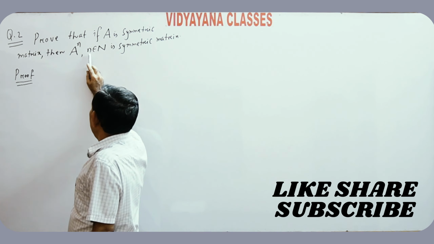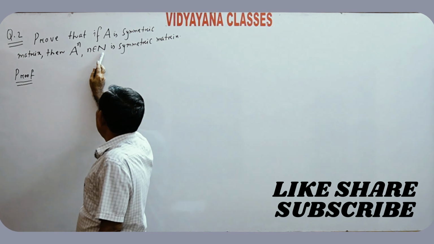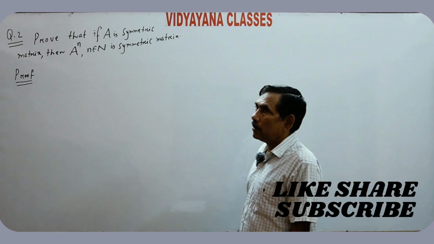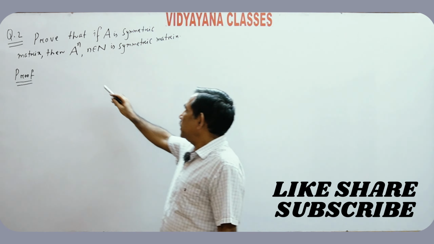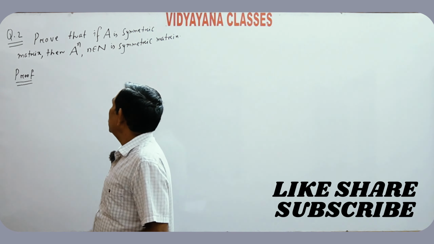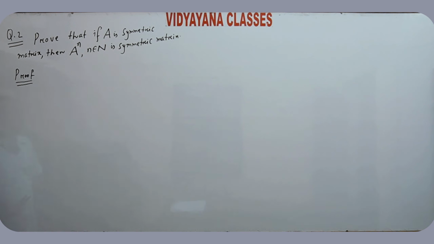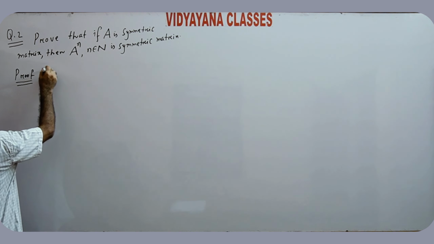Capital N represents the set of natural numbers. We have to prove A to the n is symmetric. Since n belongs to capital N, the statement can be proved by the method of induction. Prove.